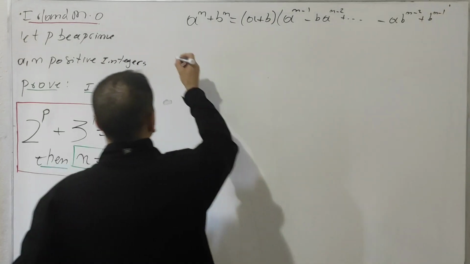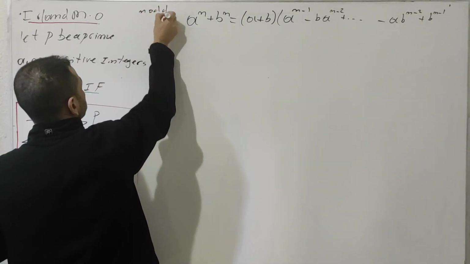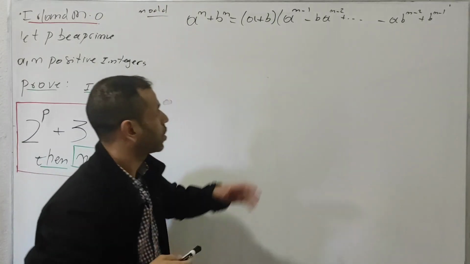This one is happening if n is odd. If n is even, you cannot factor this out.